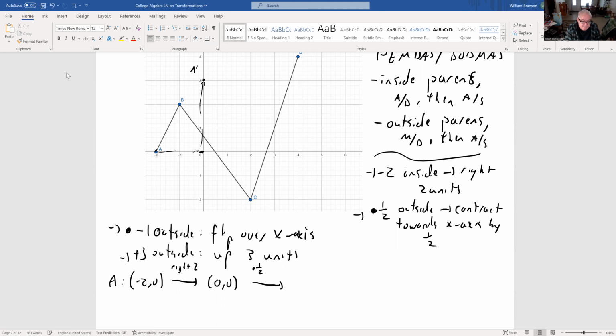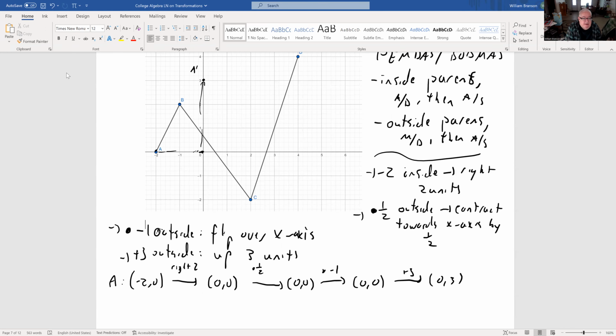Times 1/2 changes the y coordinate by multiplying by 1/2, but 1/2 times 0 is 0. Times -1 changes the y coordinate again by multiplying the y coordinate by -1, but that's 0. And then the +3 outside will take us to 0, 3.